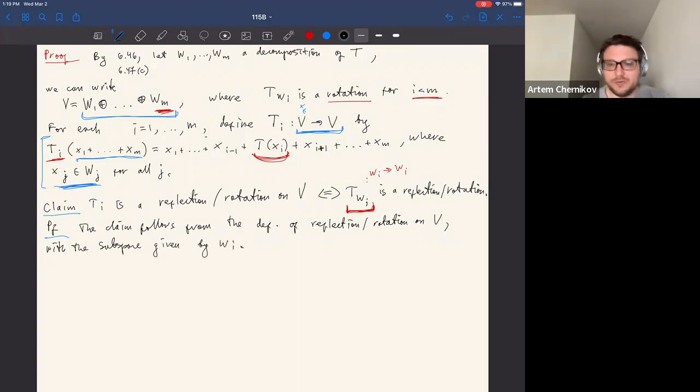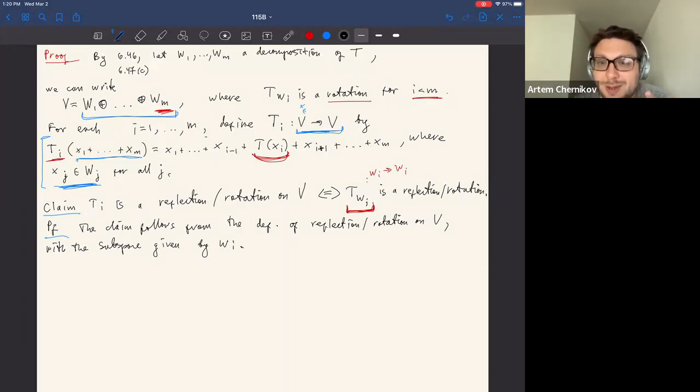So if, for example, T restricted to Wi was a rotation, this means that Wi had dimension 2. And this Wi served as the corresponding subspace for rotation of the whole space, right? Because remember, in the definition of rotation, we say there exists a two-dimensional subspace on which it satisfies a certain formula given by the rotation matrix.